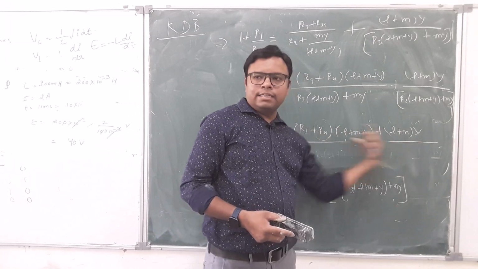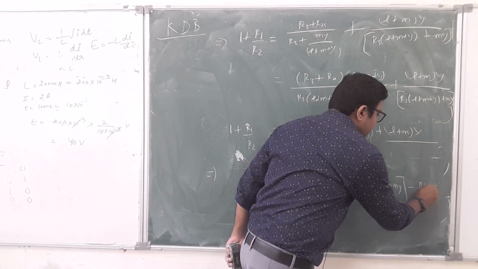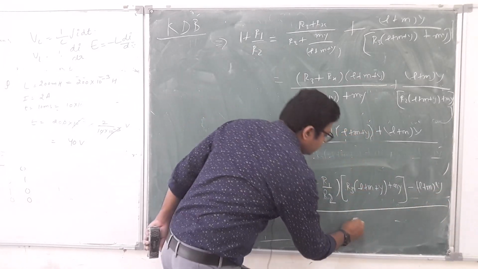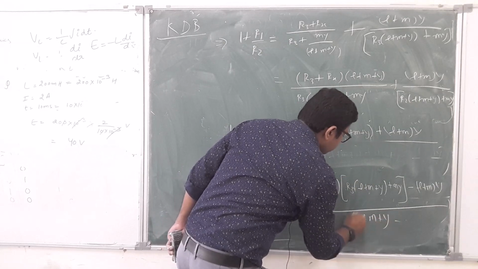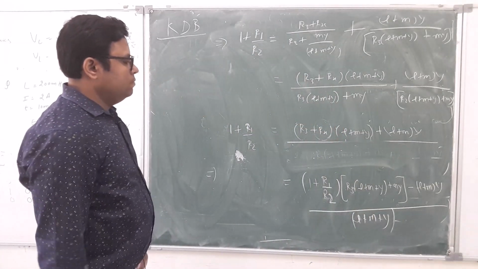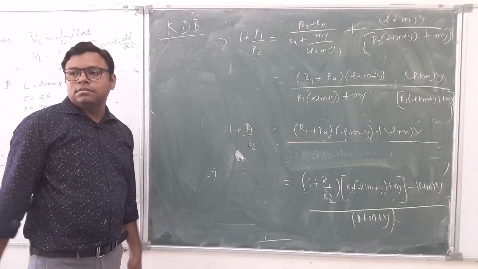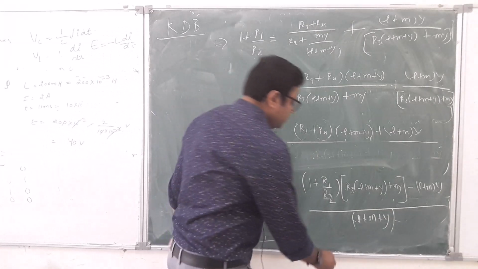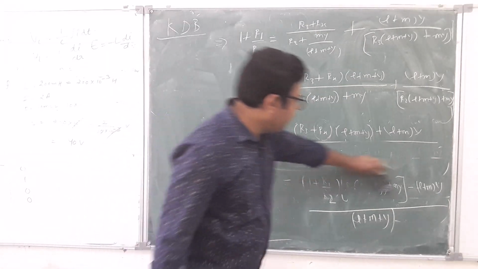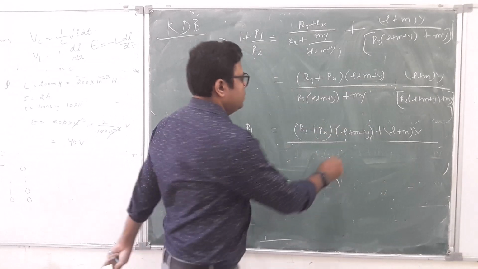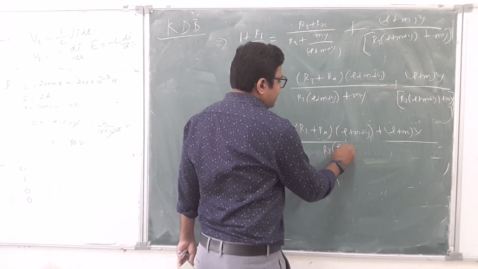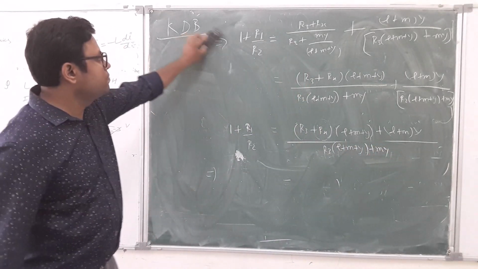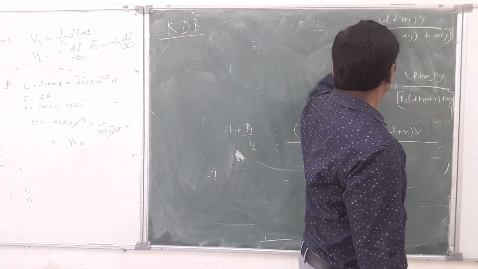Now I will subtract this. So this will be minus (L plus M) Y, and this term will remain. So this will be (L plus M plus Y) minus R3. R3 also remains. Minus R3. So writing again for you. This is R3(L plus M plus Y) plus My. Writing on the upper half.